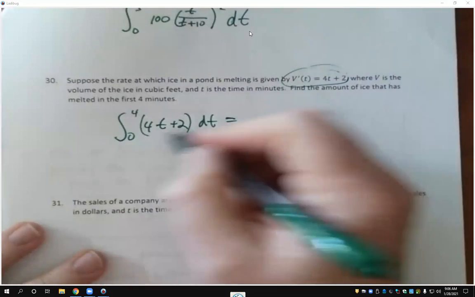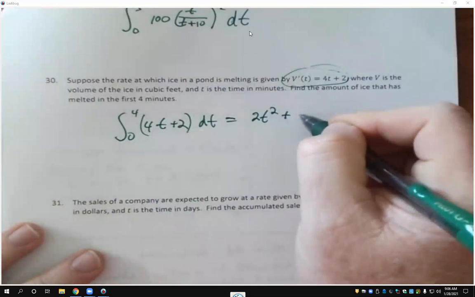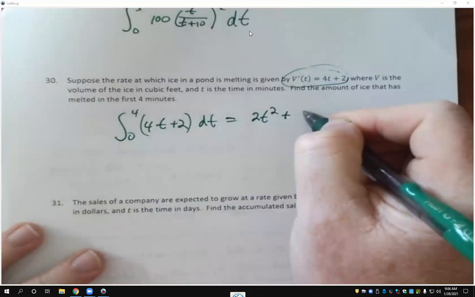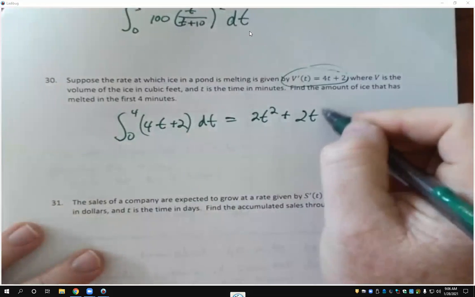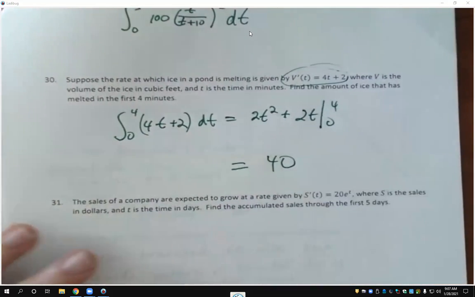Okay, so the antiderivative of this is 2t squared plus 2t from 0 to 4. And I'm just going to tell you that answer is 40. Okay, the bigger question is the antiderivative, if we're good on the antiderivative. Again, I'm just using the power rule. Add 1 to the exponent, divide by new exponent.